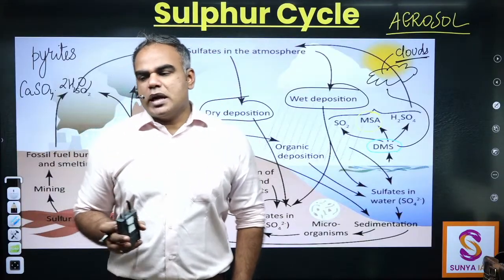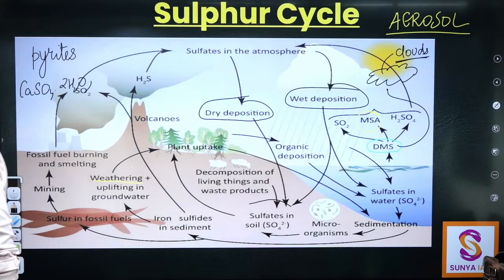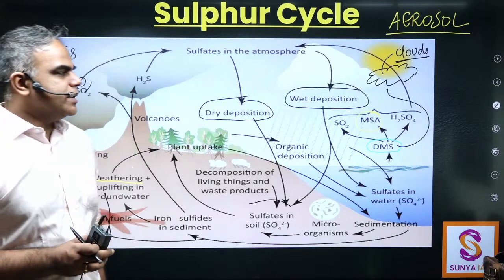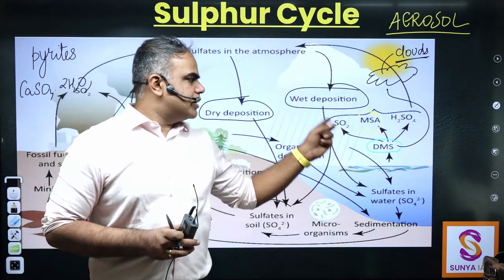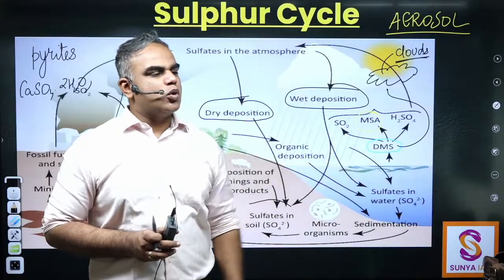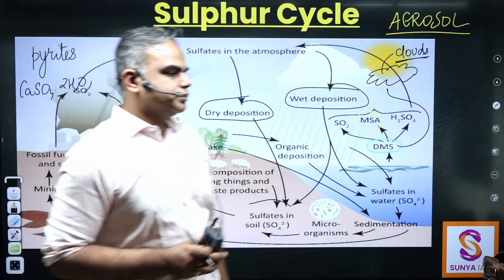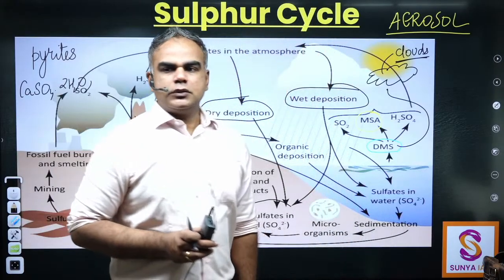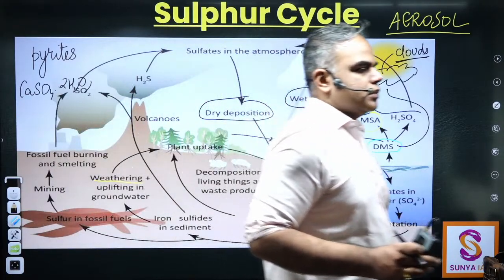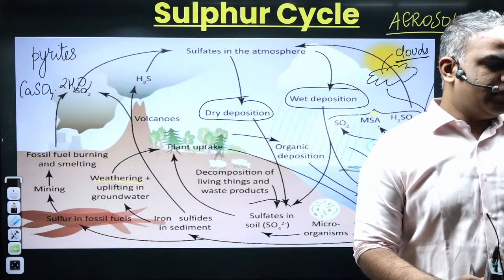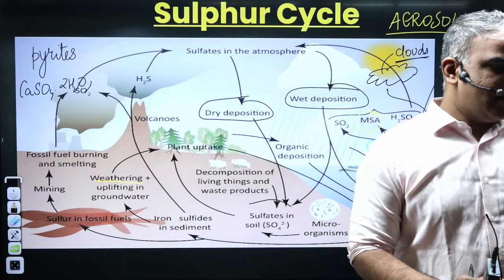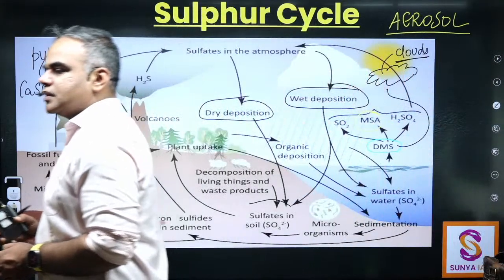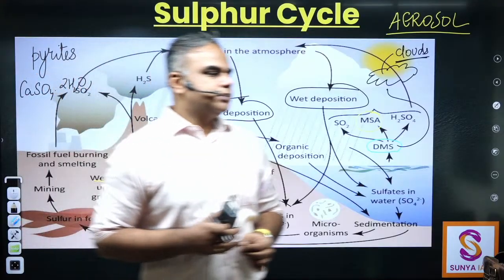And after that, maybe two lines we'll write on what is MSA. So DMS which ultimately would help in SO2, MSA and H2SO4. Okay, so write MSA equals methane sulfonic acid. MSA is methane sulfonic acid.